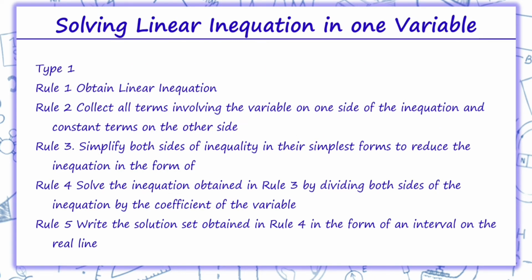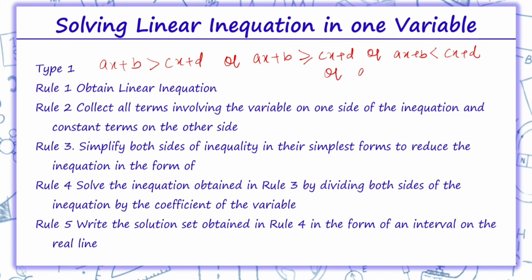Coming on to how to solve linear inequation in one variable. Right now we are talking about one variable. So the type 1 which we have is ax plus b greater than cx plus d, or ax plus b greater than or equal to cx plus d, or ax plus b smaller than cx plus d, or ax plus b smaller than or equal to cx plus d.